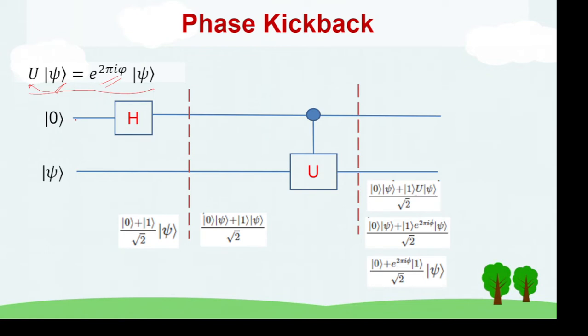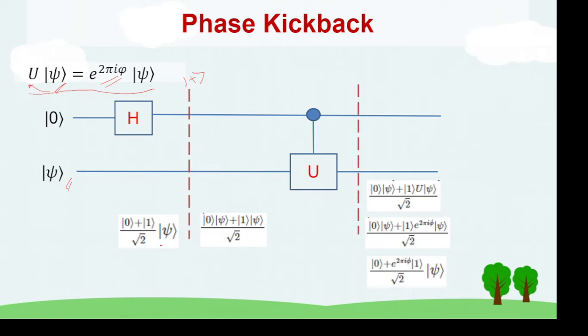Let's start with 2 qubits. One qubit is in state 0 and another qubit is in some arbitrary state psi. We are going to add a Hadamard gate to the first qubit which is in state 0. So what will you get? The Hadamard gate will take this qubit to the equal superposition of 0 and 1, which is also called the plus state.